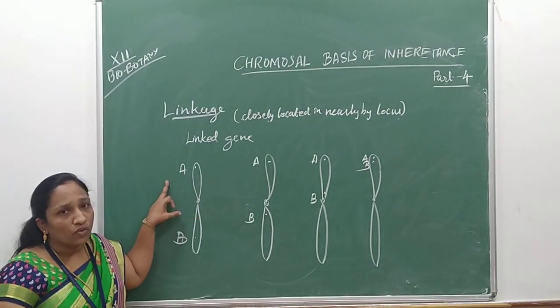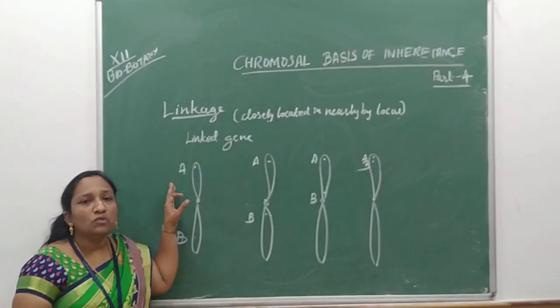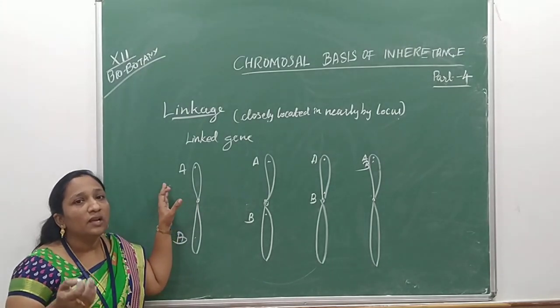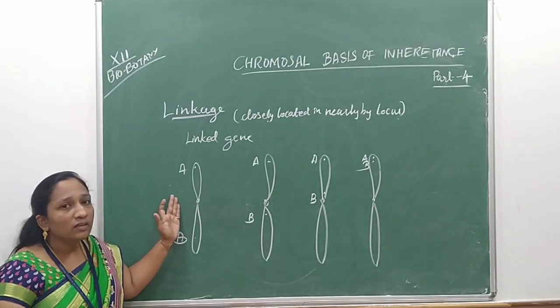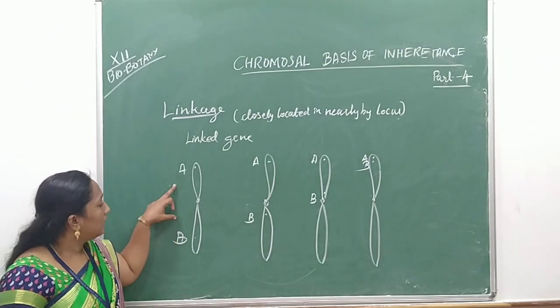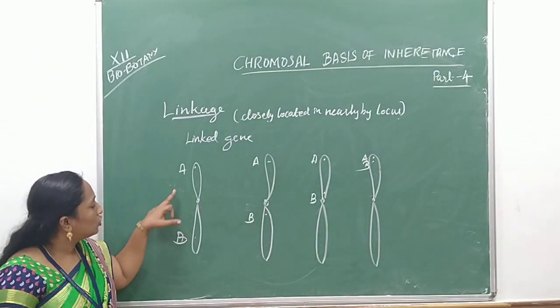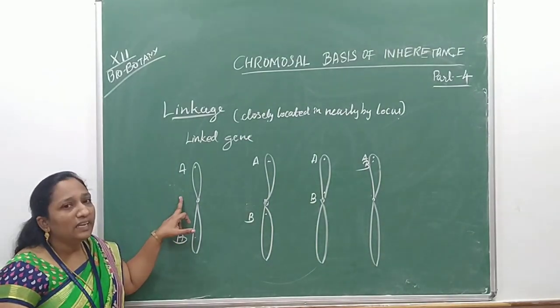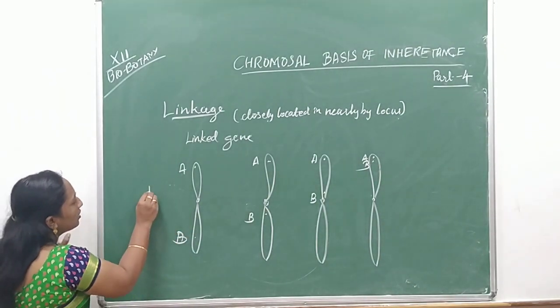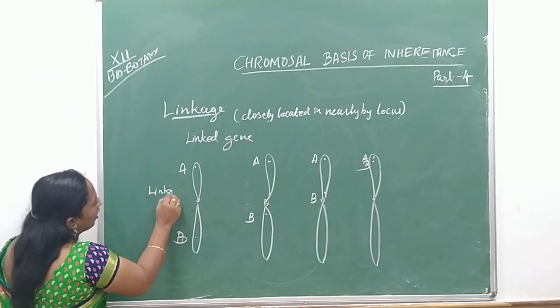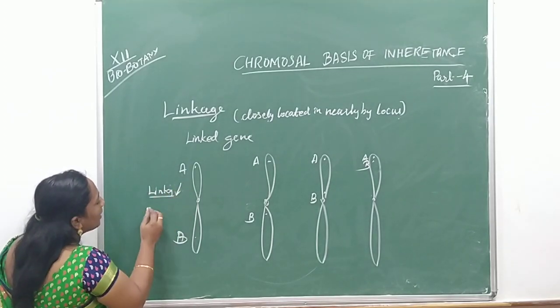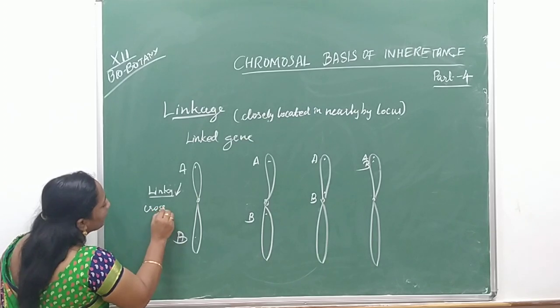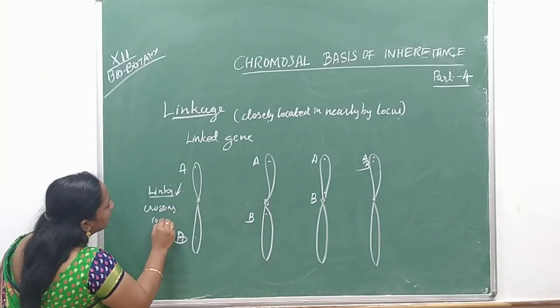If the distance is so far, the percentage of crossing over is 100% because linkage is not shown here. A gene is far from B gene, so the linkage is less, but crossing over has a 100% chance.